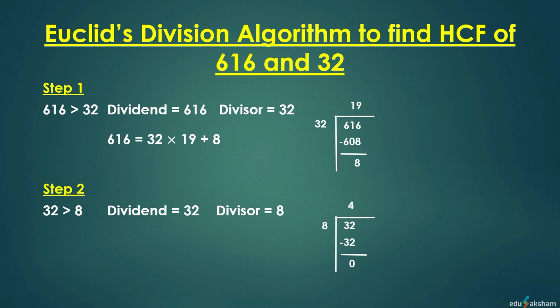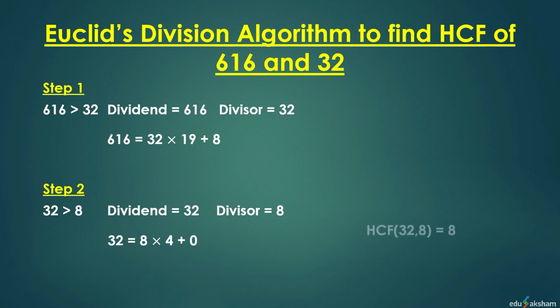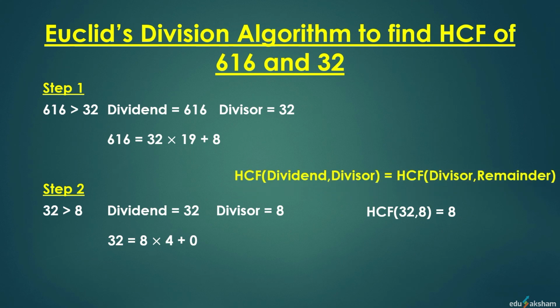32 can be represented in the following manner: 32 equals 8 times 4 plus 0. We get a remainder of 0 here, which means 8 divides 32 exactly, and 8 is the HCF of 32 and 8. According to Euclid's division lemma, we know that the HCF of the dividend and divisor is equal to the HCF of divisor and remainder.